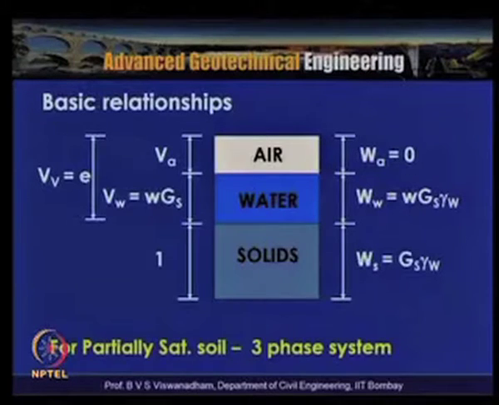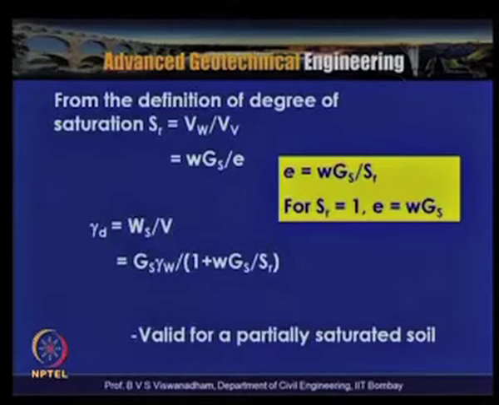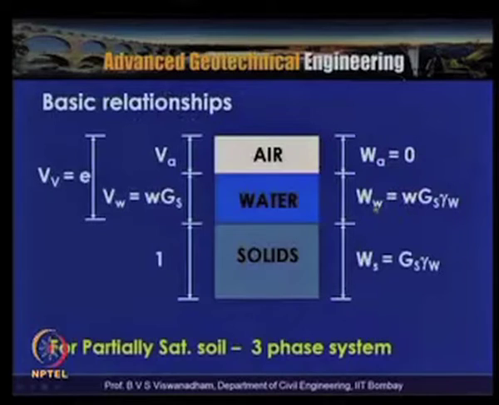But here as volume, we have volume of solids, which we have set as 1 because of the specific volume approach, and volume of voids, which is nothing but e, which is the summation of volume of air plus volume of water. So, from the definition of degree of saturation of soil, we can write Sr is equal to volume of water to volume of voids. So, volume of water, if you see, weight of water is nothing but w Gs by gamma w. Ws is equal to Gs gamma w.